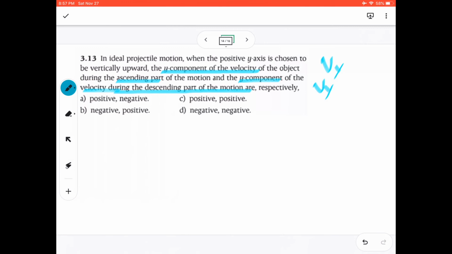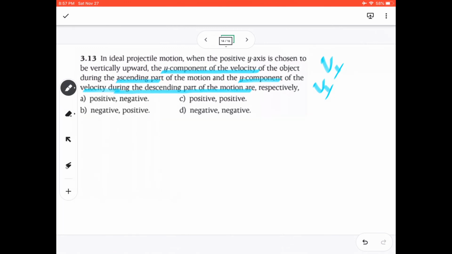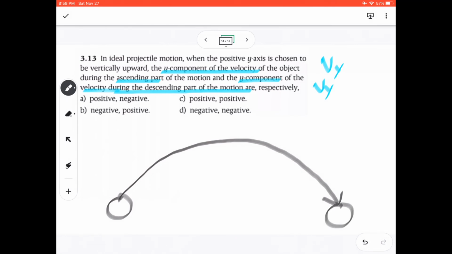They're asking you what's the sign of Vy on the ascending part and the descending part of the projectile. We've already discussed it in a previous slide.